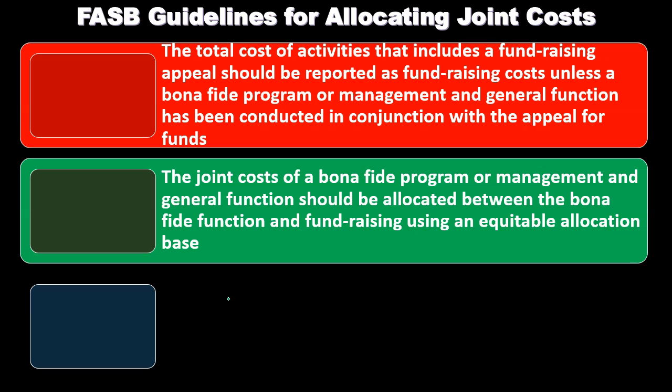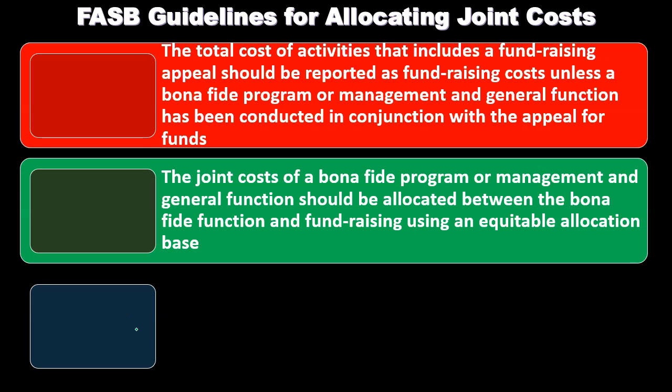Next, the joint costs of a bona fide program or management and general function should be allocated between the bona fide function and fundraising using an equitable allocation base. So if you have to allocate it between fundraising and program, or fundraising and management and general, then you have to use some type of allocation base, because obviously it's the same kind of event and expenses, so we're going to have to use some kind of method to allocate between the two.